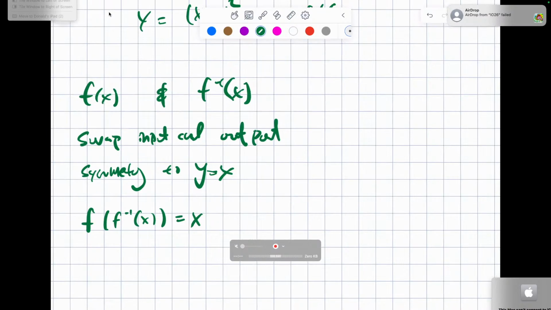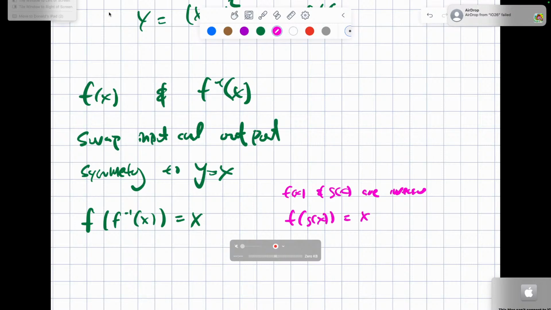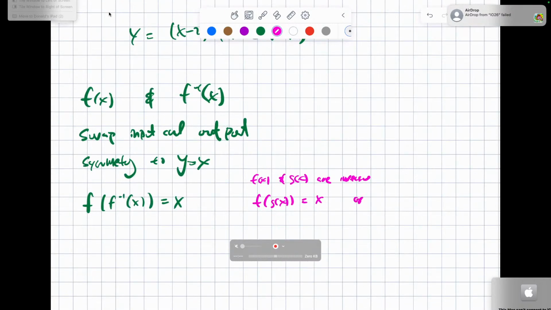Or sometimes people say if f of x and g of x are inverse to each other, then f of g of x is equal to x, or g of f of x is equal to x. Because there's symmetry to y equals x, you can plug one function into the other function.